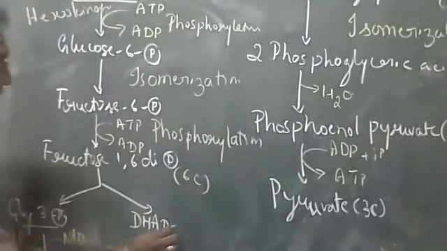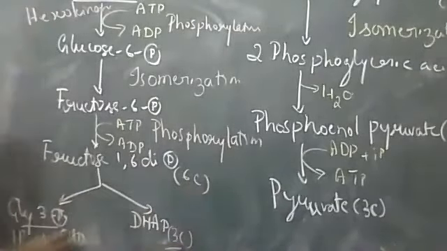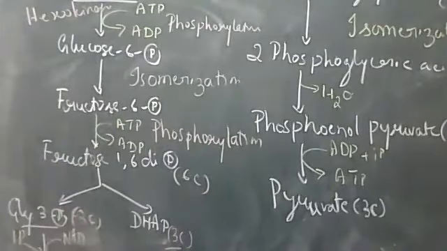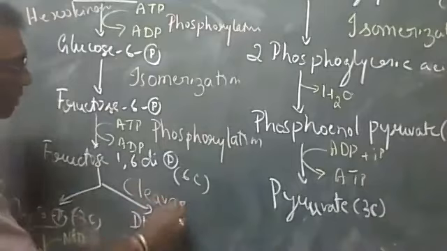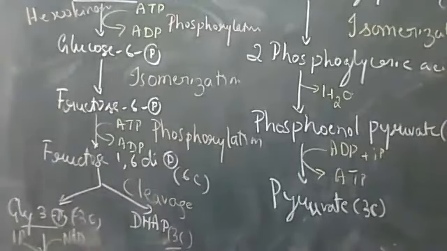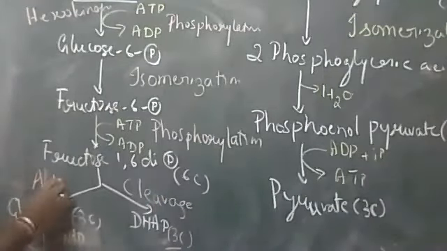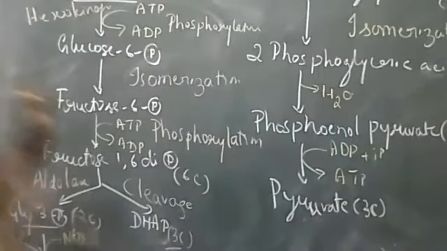This becomes 3-carbon compounds. What is the step called? Cleavage. Aldolase. Exactly the same. Everything in the EMP pathway you should write first. Only the last step will change. That's all.